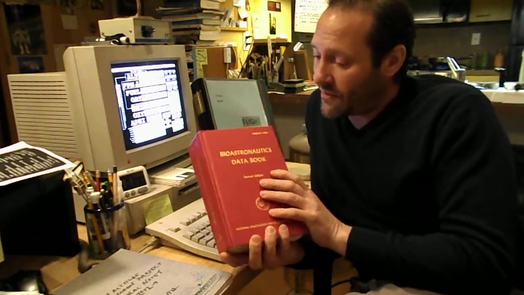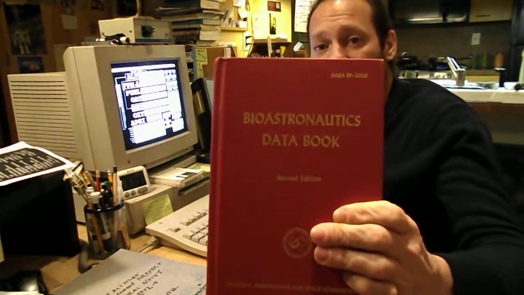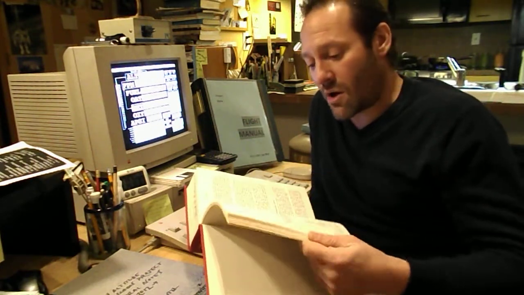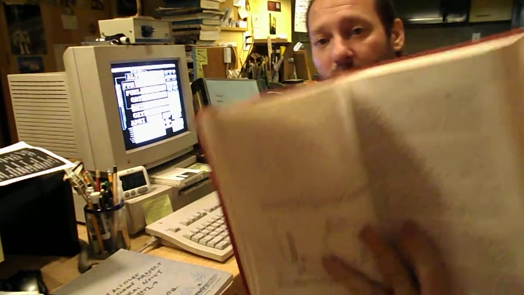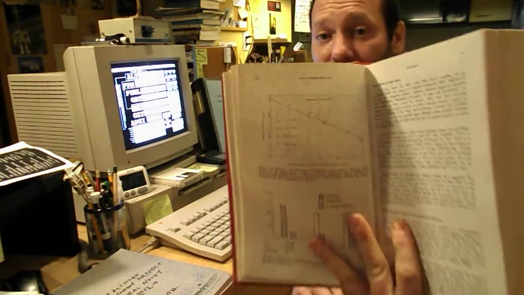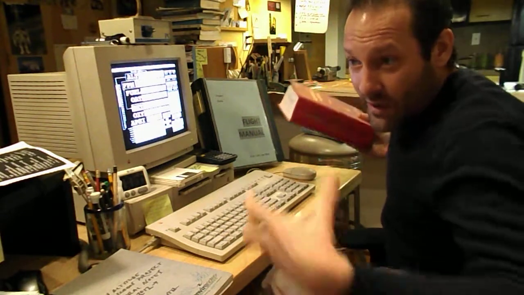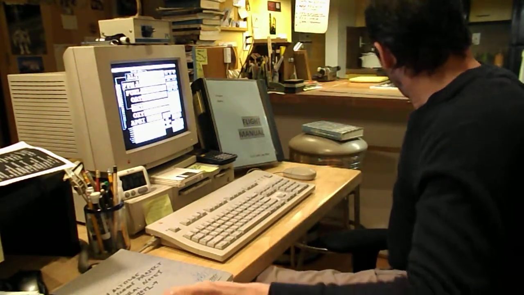Also very useful, I picked this up just a couple weeks ago, is the NASA Bioastronautics Data Handbook, which gives you the results of years of testing and principles from which to work. All kinds of information. These help to identify what pressures I need.